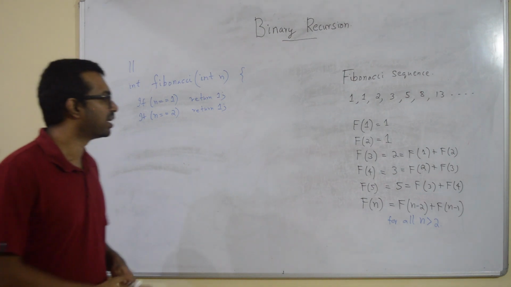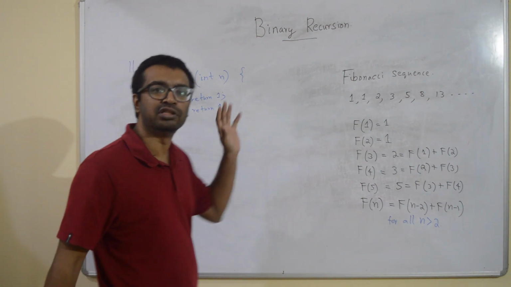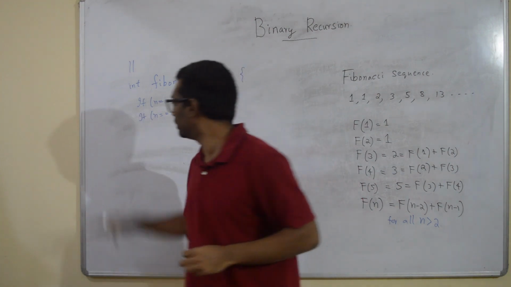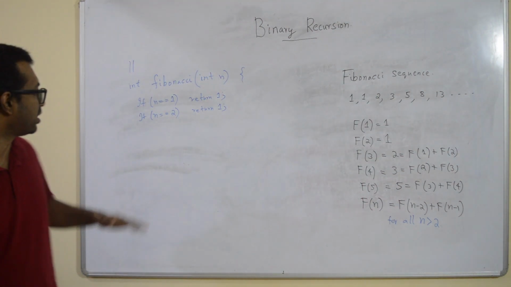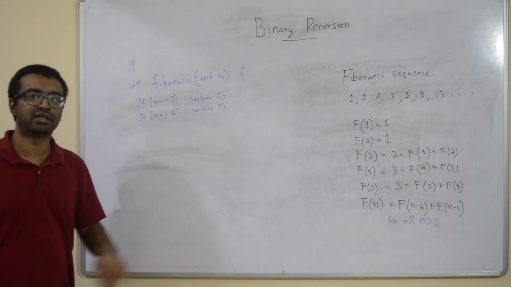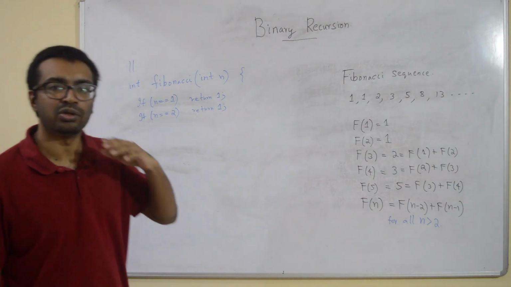Now, if it is neither of these two cases, that's when it comes down here. It comes down if n is neither 1 nor 2.